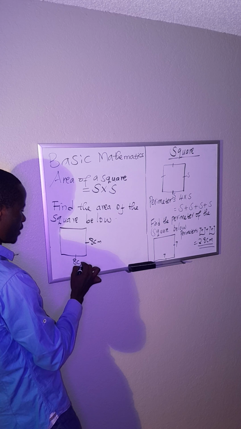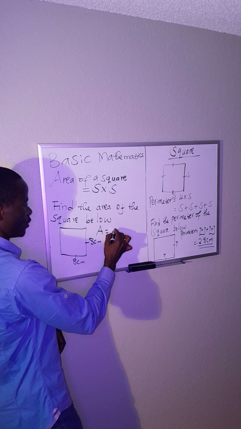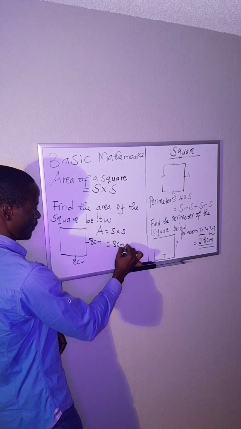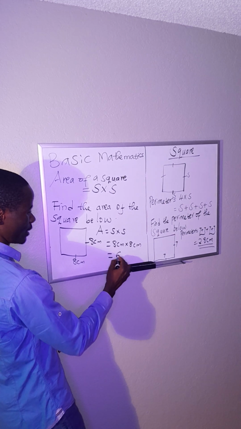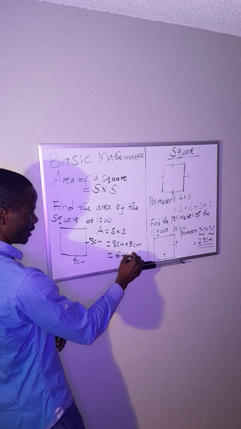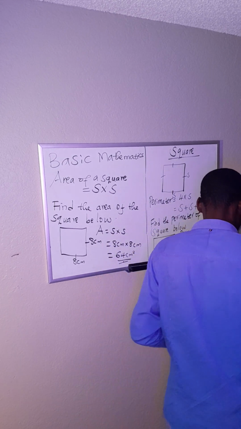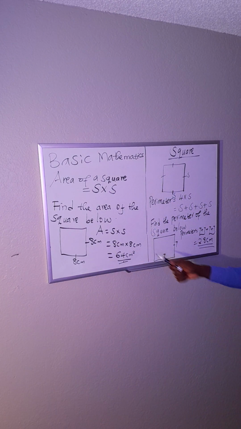This is here 8 centimeter. What do we know? We already said area is equal to side times side. One side is 8 centimeter, another side is 8 centimeter. When we multiply that, we get the area as 64 centimeter square. So that is it. That will help you to revise. So that is how you find the area of a square.